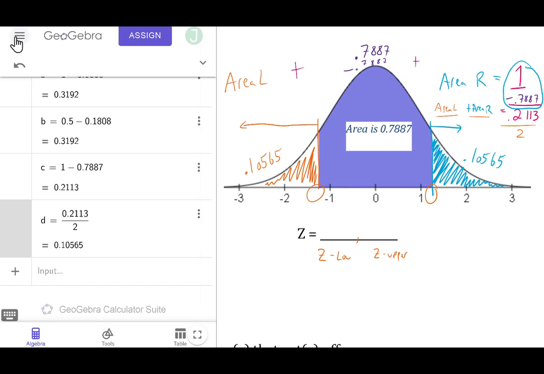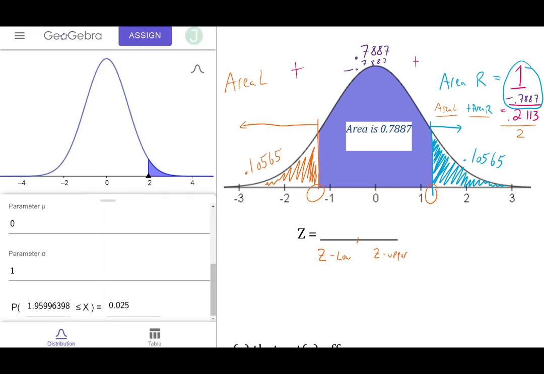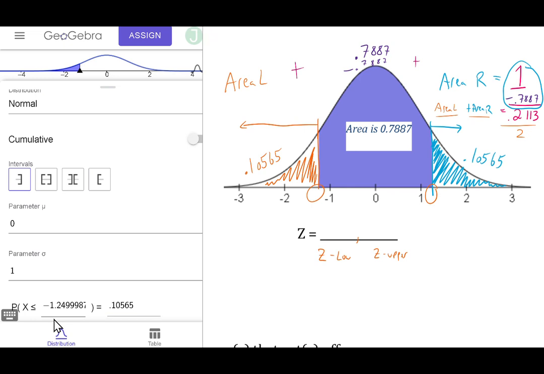Now we can use those areas to go back to the probability calculator and type in for the left tail an area of 0.10565, and we'll get a z-score of negative 1.25.